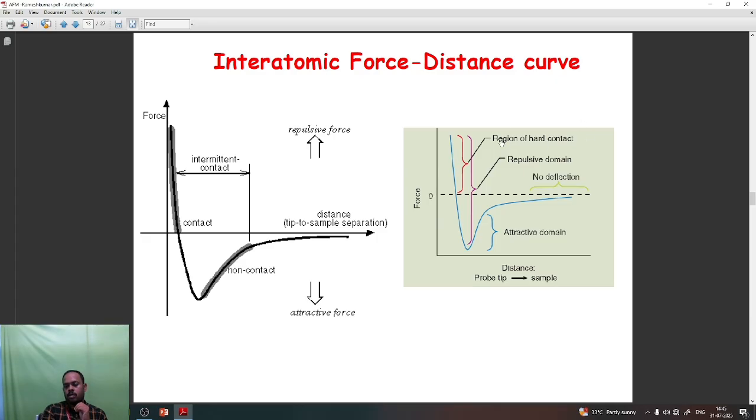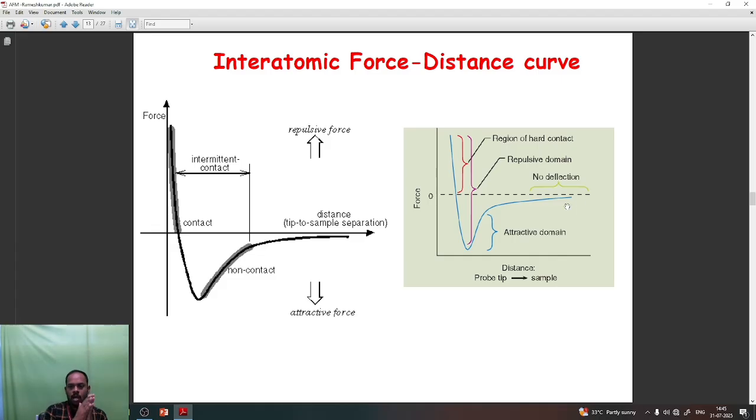Both the cantilever and the sample surface touch each other. When the tip-to-sample separation is high, there will be no force at all, no deflection in the cantilever.